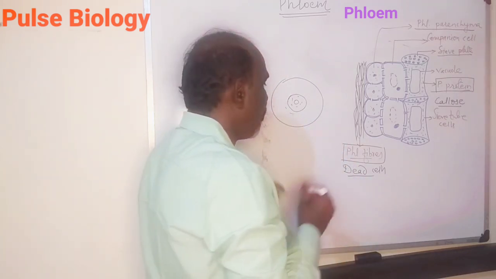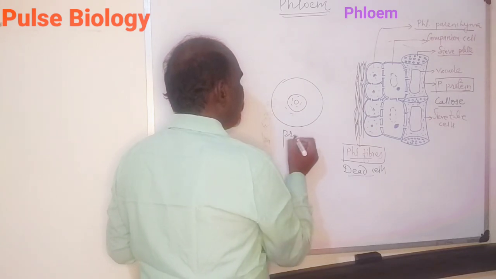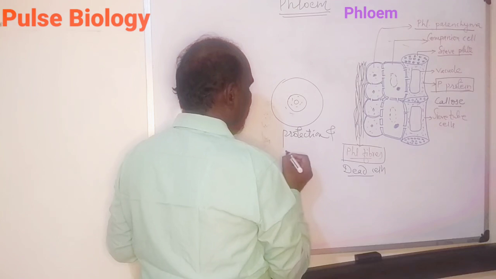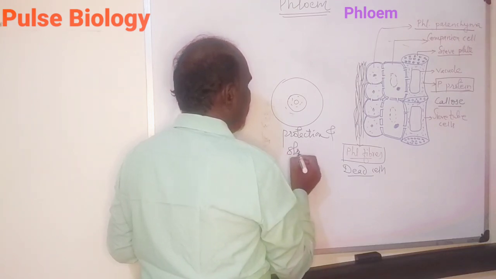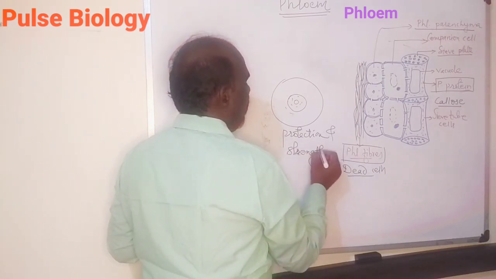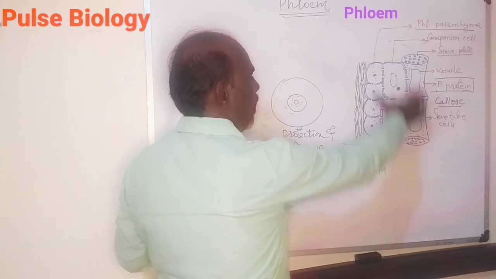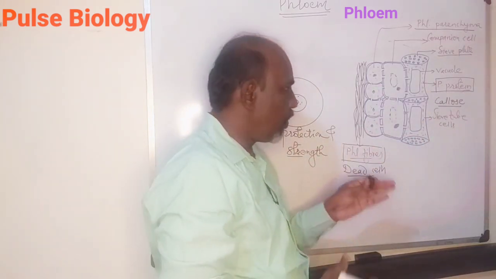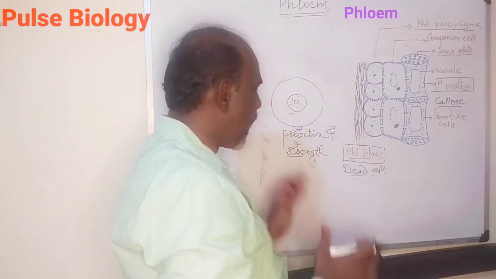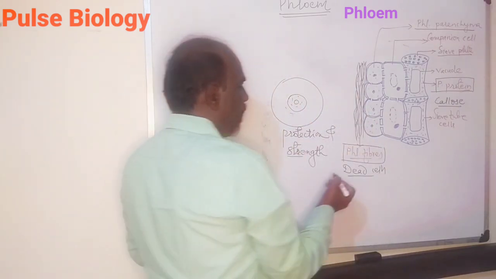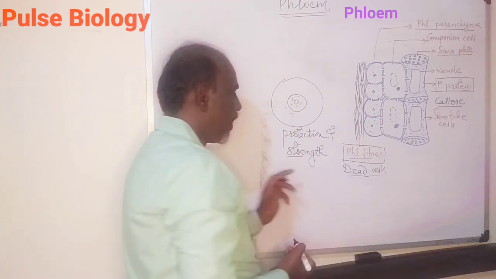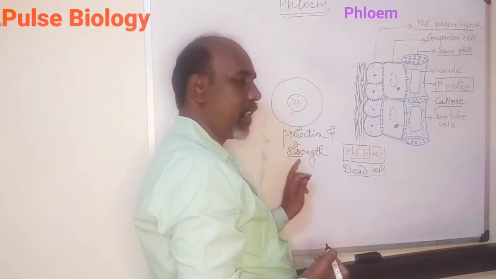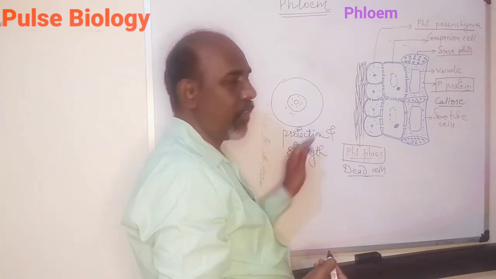They provide protection and strength to these cells, because these cells are delicate, they should not collapse, and therefore around them packed dead cell material is present in the form of phloem fiber, which is responsible for protection and giving strength to the phloem.